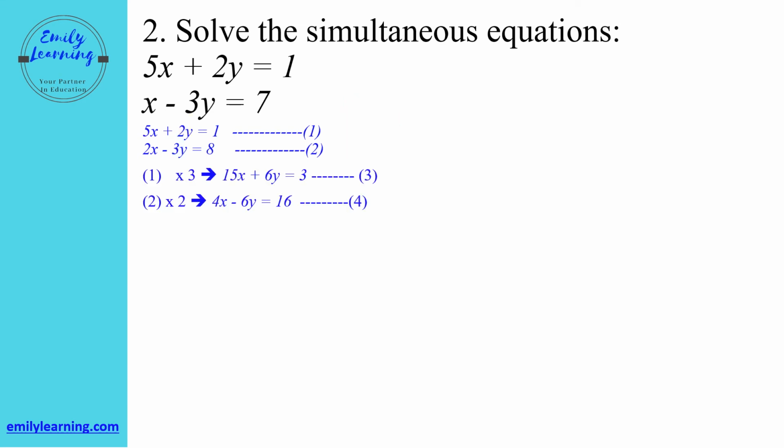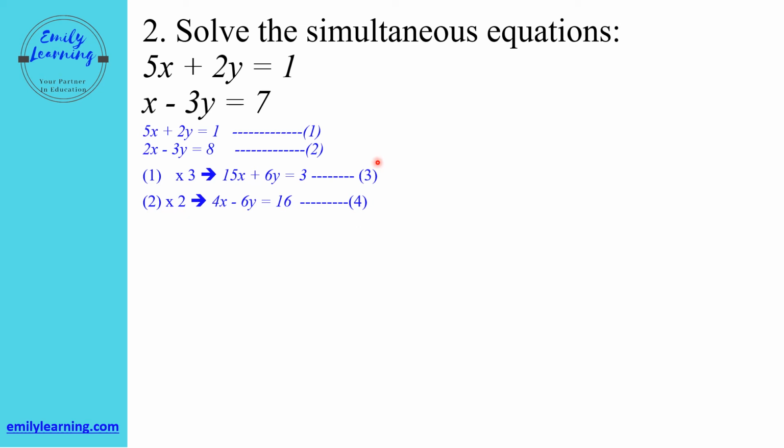So once you've done the multiplication, this is what you get. Now you notice in statement 3, you have plus 6y, and in statement 4, you have minus 6y. They have different signs. So to get rid of y, you just need to add statement 3 to statement 4 because 6y minus 6y equals 0.